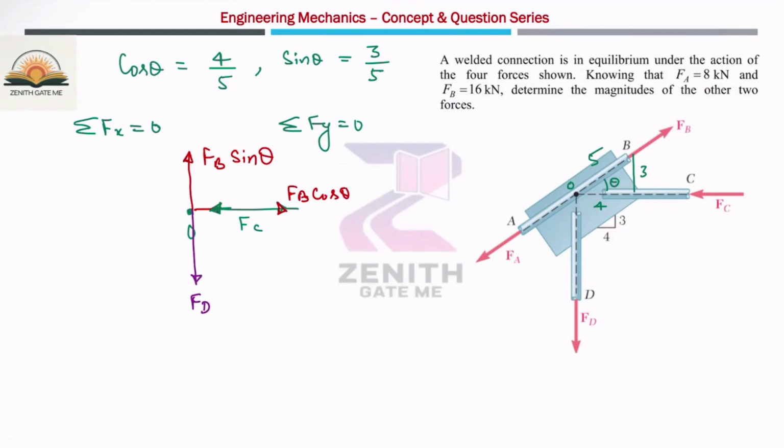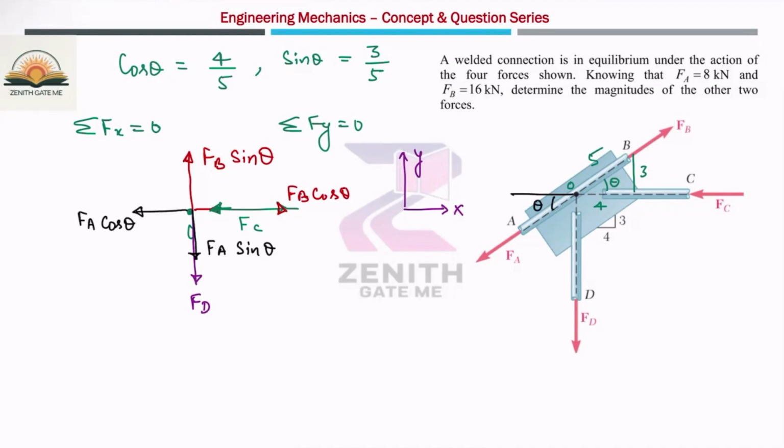Again, you can resolve the force FA in the X and Y direction. So I'm assuming this is the X direction and this will be the positive Y direction. So if this is theta, the alternate opposite angle is also theta. So FA sin theta, and here will be FA cos theta.